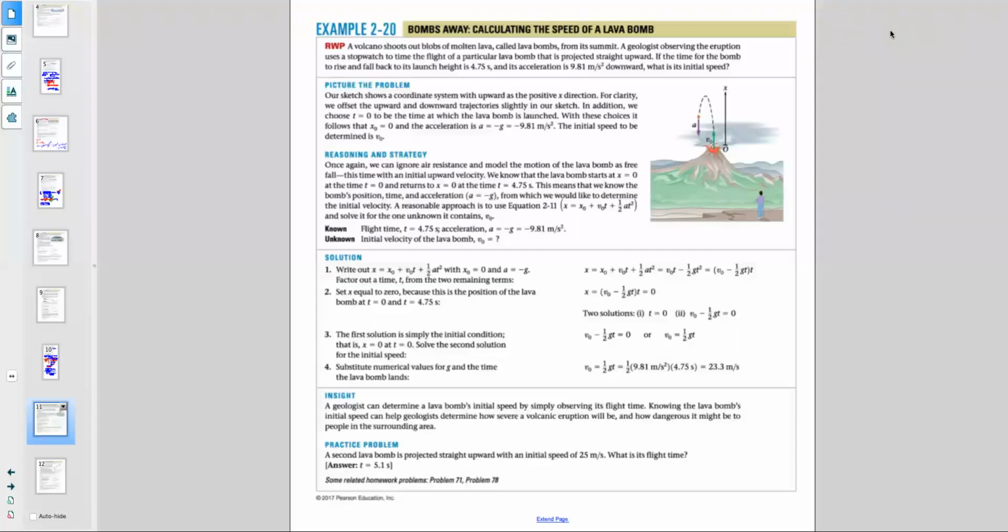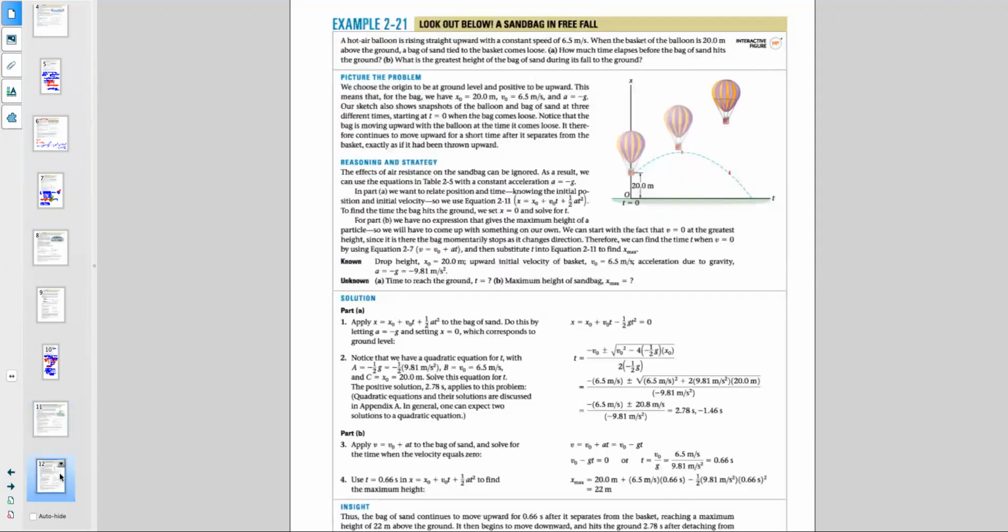Okay, you have two other problems here. I'm going to leave them right here. Again, dealing with free fall, freely falling objects with no other force other than gravity. You have two problems. Try to solve them. Try to look at the solution. If you have any problems, let me know.